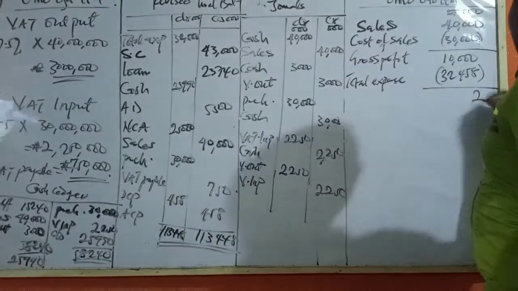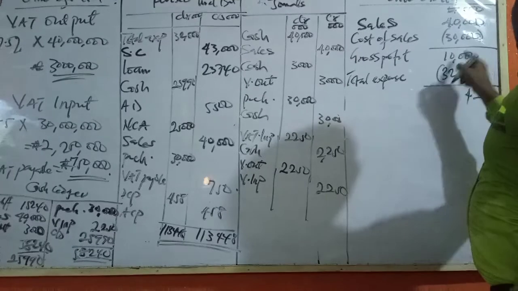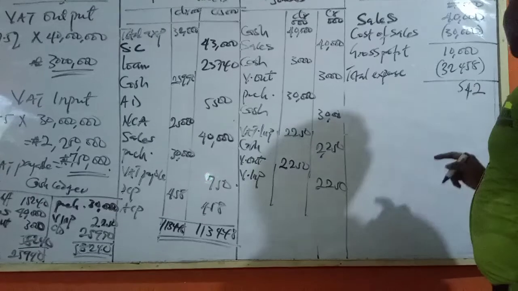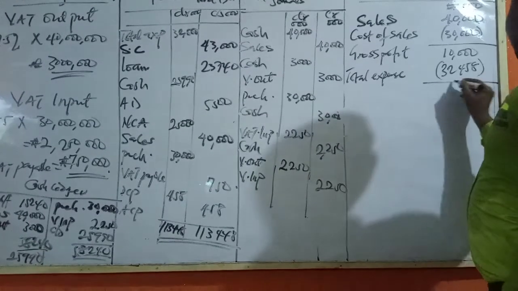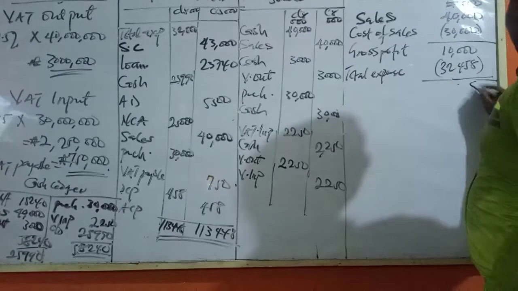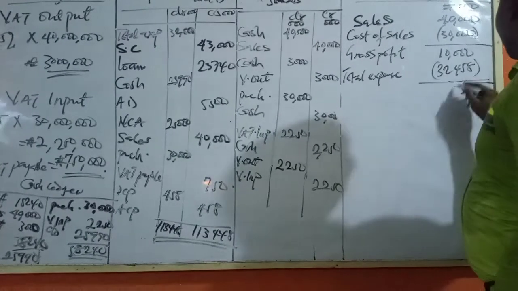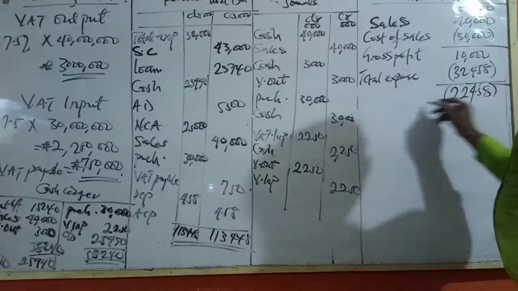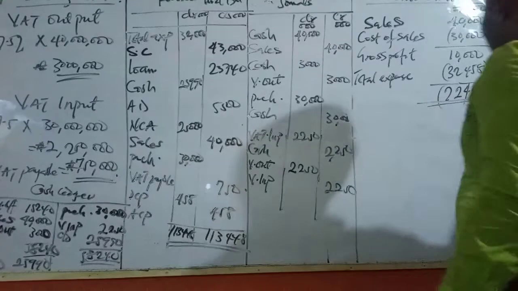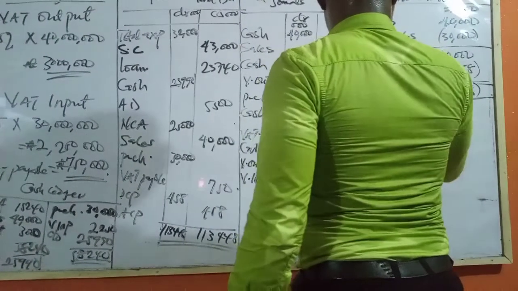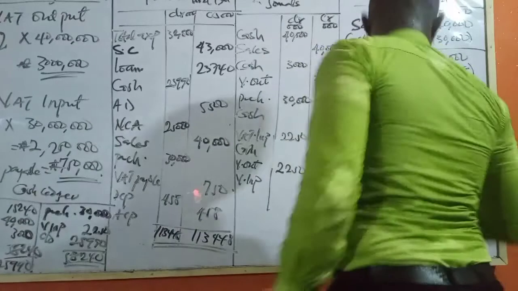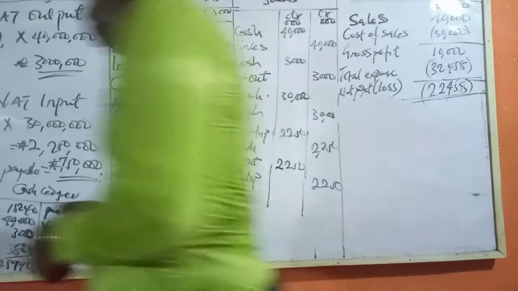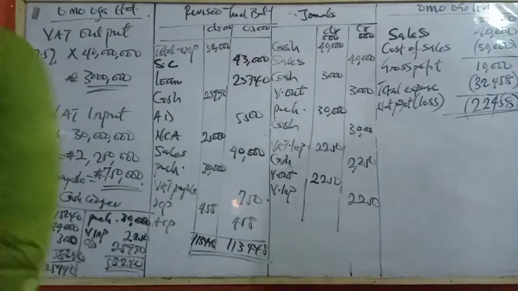It's negative, because the expense is higher than the gross profit. So you have net profit or loss. Loss is where your total expense is more than your gross profit.